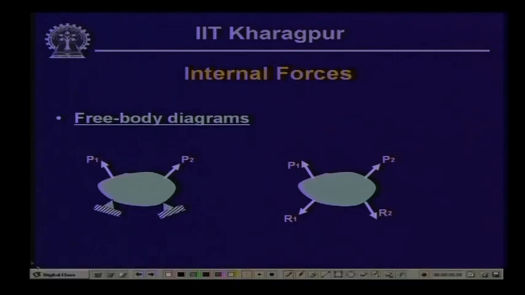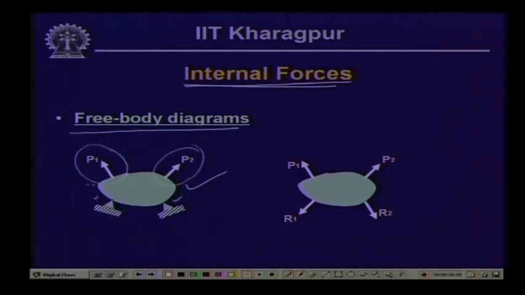Now, having known the body force and the surface force, another aspect which we will be dealing with quite frequently and should be concerned with is the internal force. To know the internal force, we will have to look into one aspect which we call a free body diagram. Now, let us consider a body which is supported at these 2 points and subjected to these two loads P1 and P2, and these we call external loads.